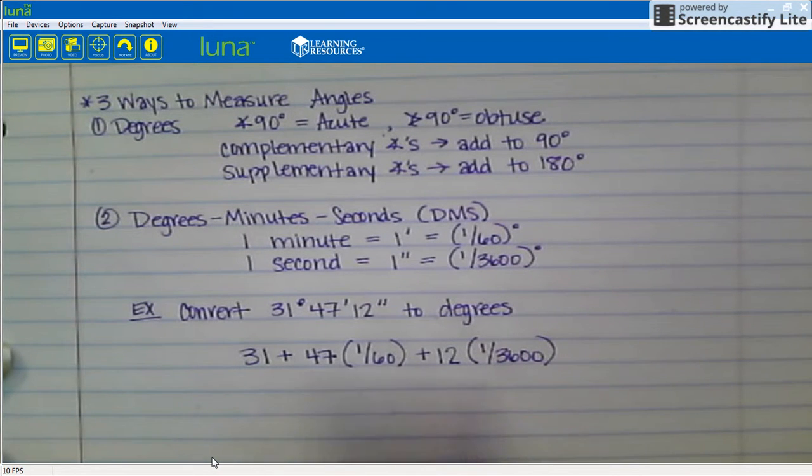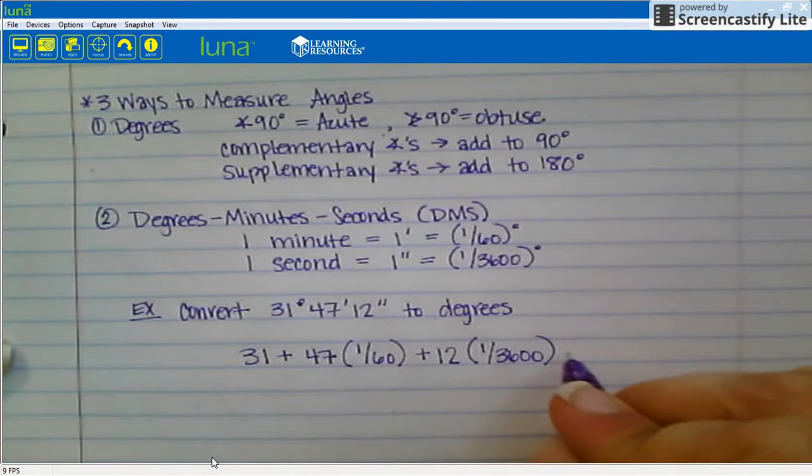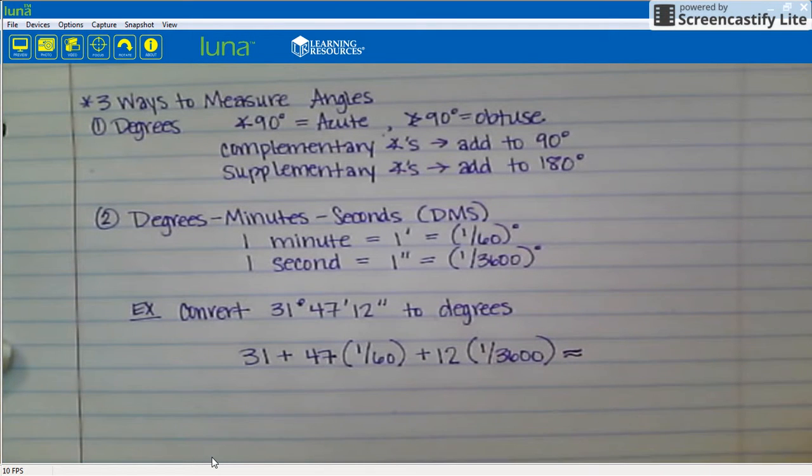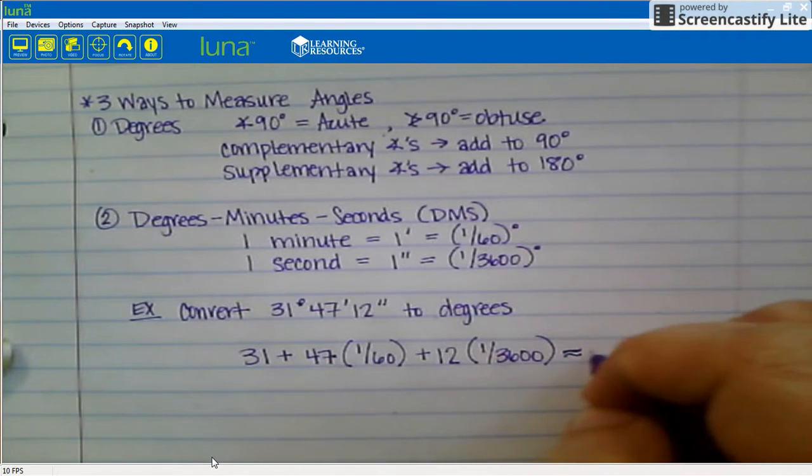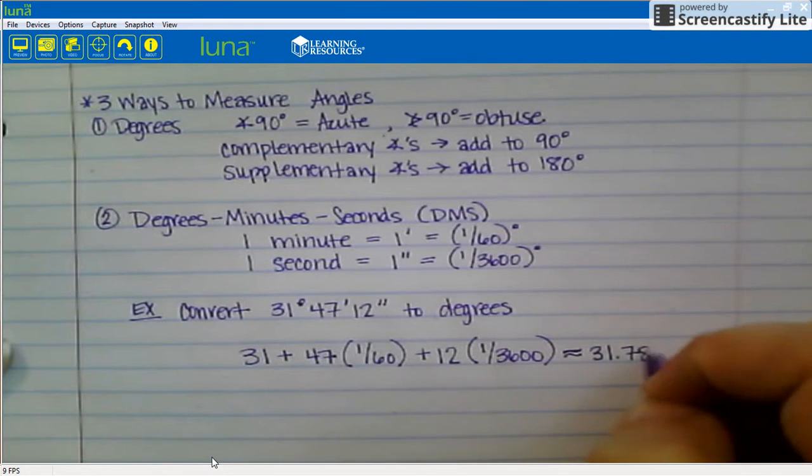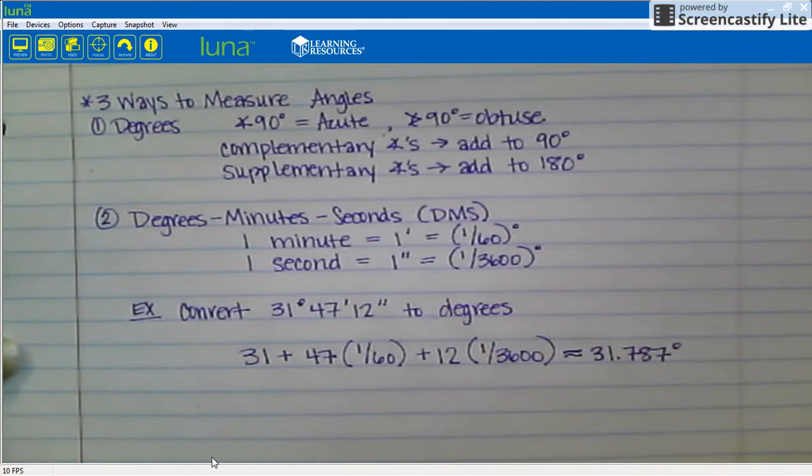And when I multiply and add everything together, then this is going to give me a decimal equivalent degree measure, which is approximately 31.787 degrees.